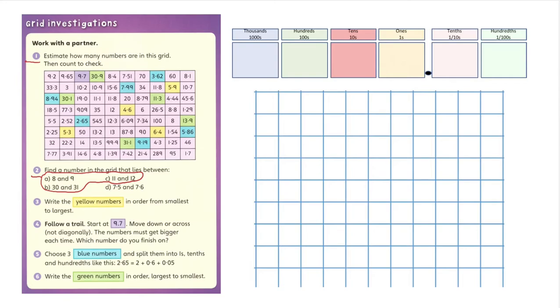Everything between 8 and 9 is going to be 8 something. So if I was looking at numbers between 4 and 5, the moment I get to 5, I'm past this. So it needs to be 4 point something. 4 point, and then pretty much anything in here is bigger than 4, because we've got some tenths and some hundredths on top of the 4, but it's less than 5.